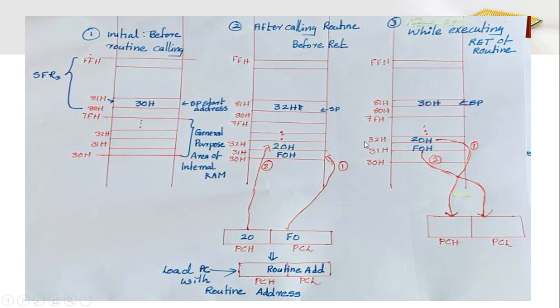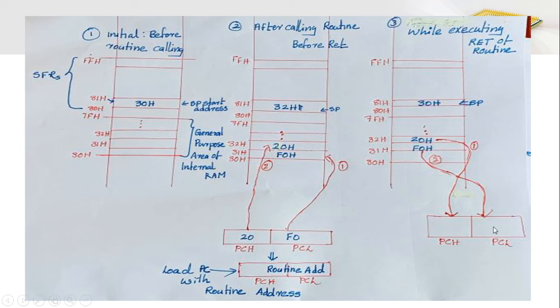Then decrement the stack pointer by 1. Now it points to 31H. Again pop the stack top, that is F0H, and place it into the exact position, the lower byte of PC. Again decrement the stack pointer by 1. So after completing the pop operations, the stack pointer points to the initial 30H.